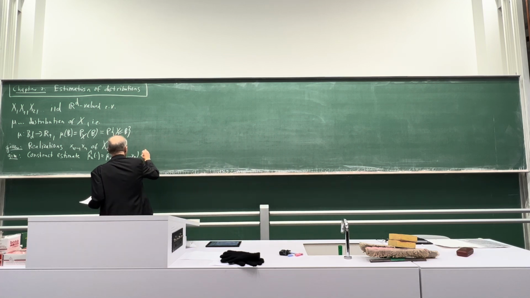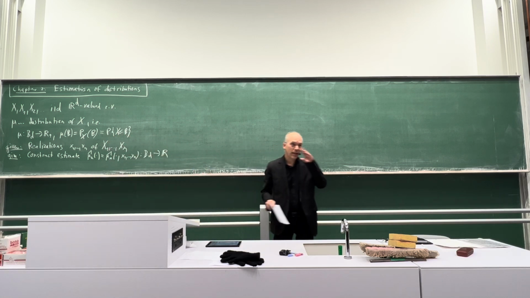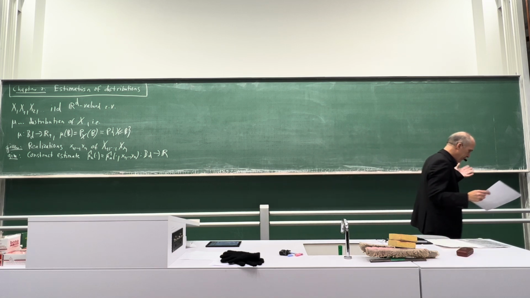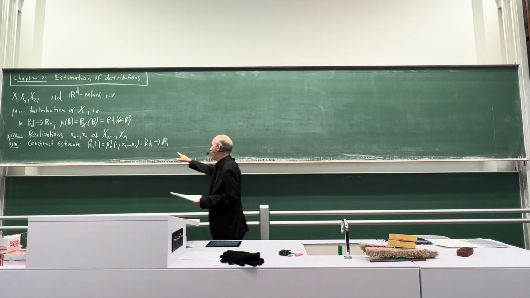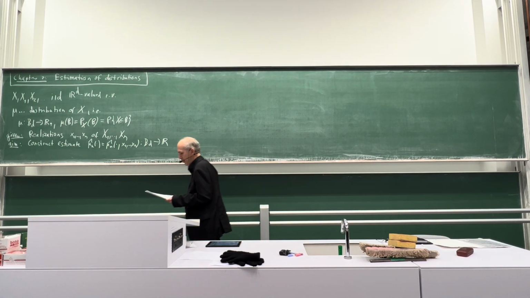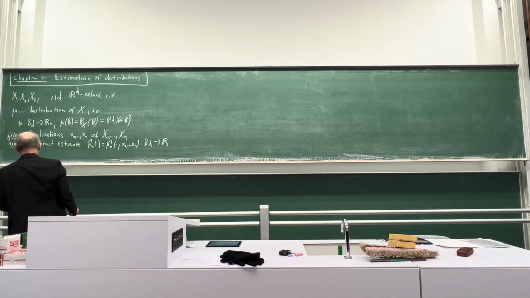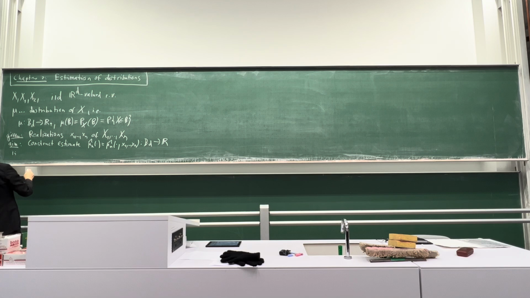Or more generally, it could also be a function to R, because even if you know that the object to be estimated takes on only non-negative values, it might make sense to sometimes allow negative values too. So I write it in a more general way. So this one is an estimate of mu.